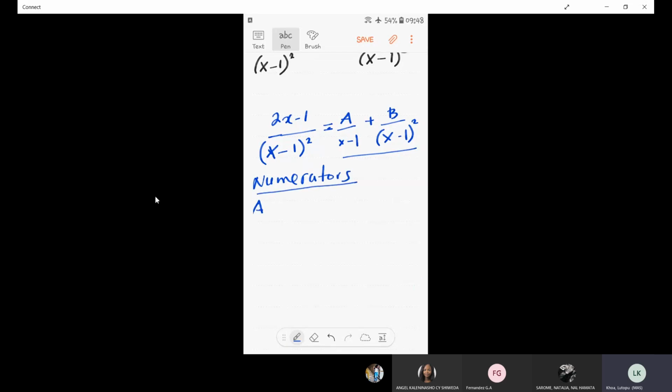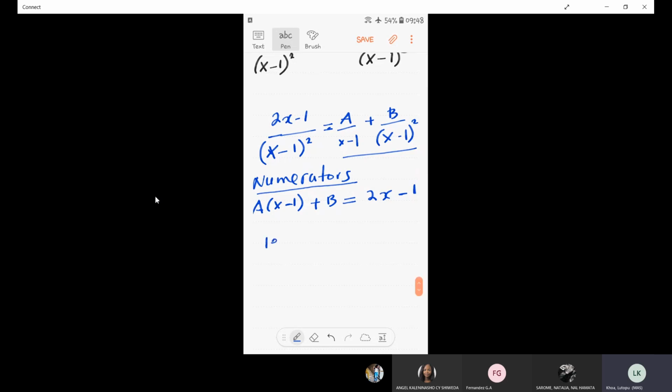So I have a times x minus 1 plus b, which is equal to 2x minus 1. I see that when I substitute x is equal to 1, the a will disappear.